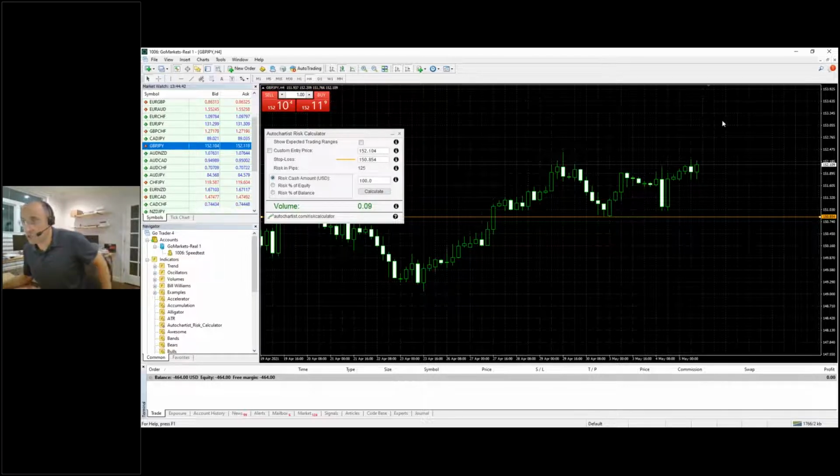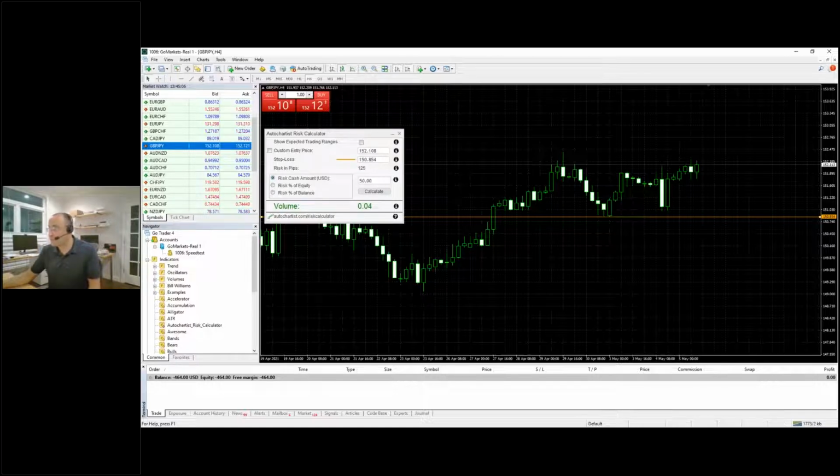Let's say I want to take it long and I tell the risk calculator, hey, I only want to risk $50. It's telling me to set my volume to be 0.04, right? Imagine if I just took a position of one lot or 0.1, I'd be risking double what I wanted to risk in terms of money value.